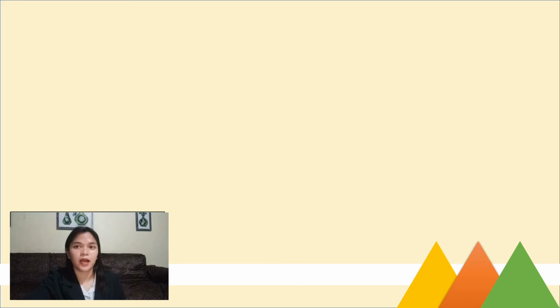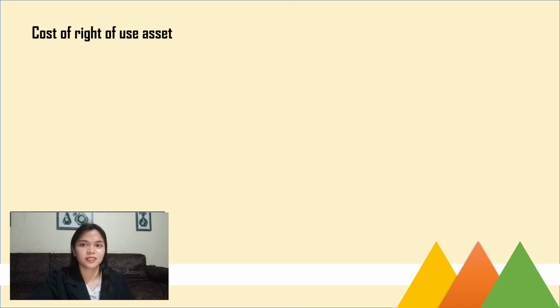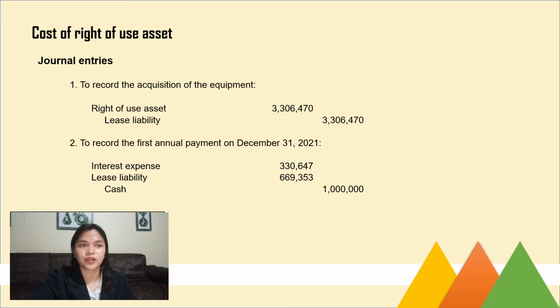Here we have the journal entries to record the transactions. First, to record the acquisition of the equipment, we debit right of use asset amounting to 3,306,470 and we credit lease liability amounting to 3,306,470.